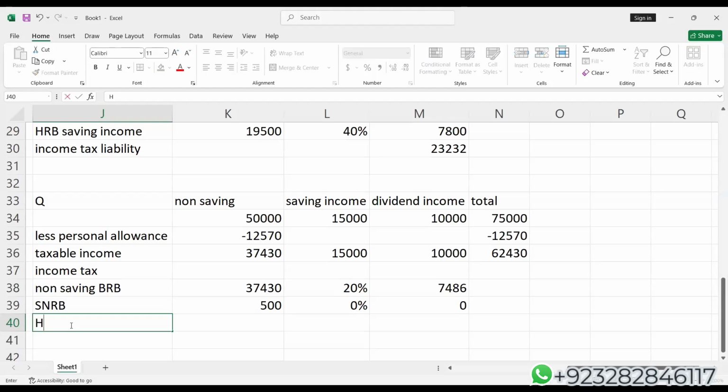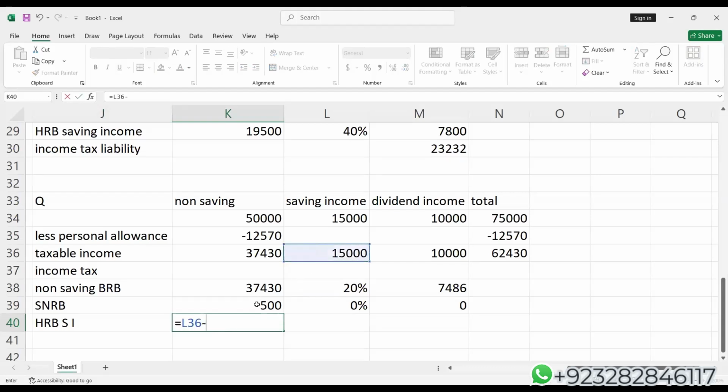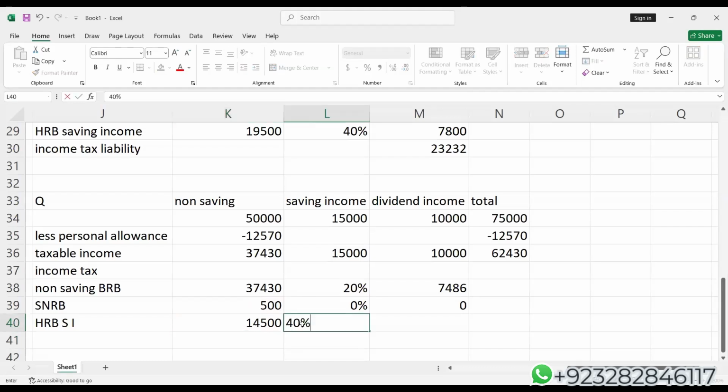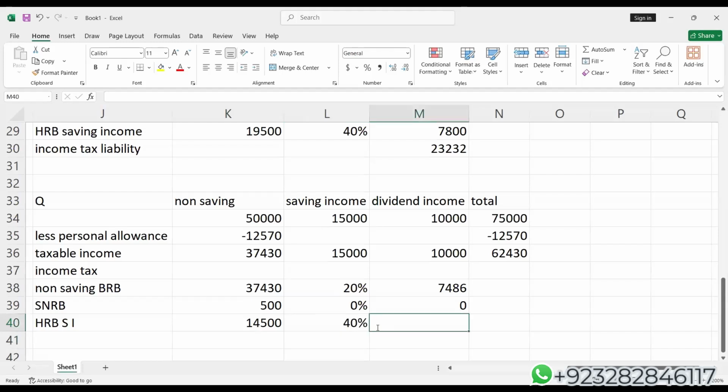So simply higher rate band saving income. 15,000 minus 500. Higher rate band applicable tax rate for the saving income is 40%.